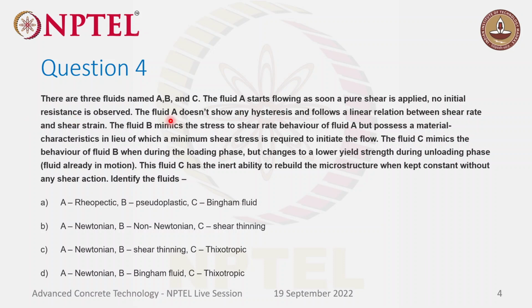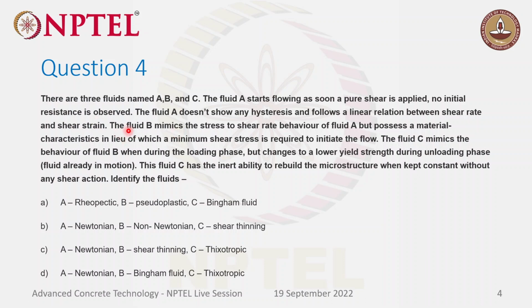And fluid A does not show any hysteresis and follows a linear relationship between shear rate and shear strain. It shows a linear relationship, and it does not have any initial resistance to flow.